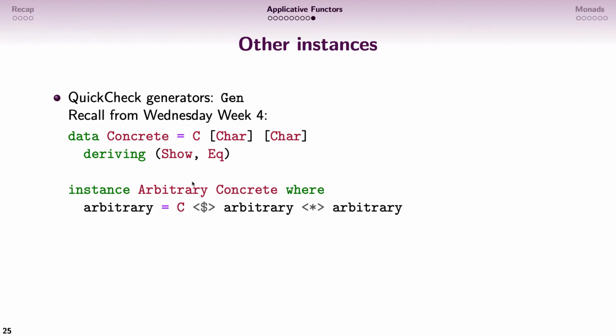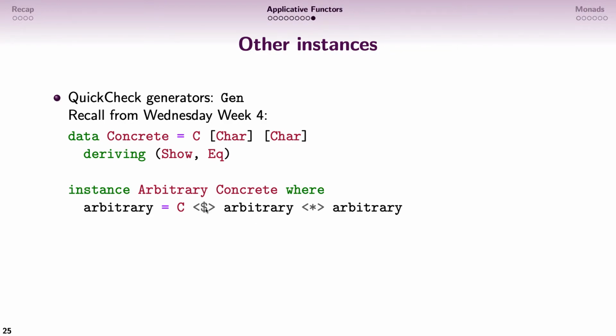And these left-hand side and right-hand side strings were arbitrary strings in the quick check instance, in the arbitrary instance. So the arbitrary instance for this whole concrete editor would take an arbitrary string and another arbitrary string, right? So these are both generators of strings, and we compose and apply that function c, which takes 2 strings and gives me back a concrete, to arbitrary and to arbitrary.